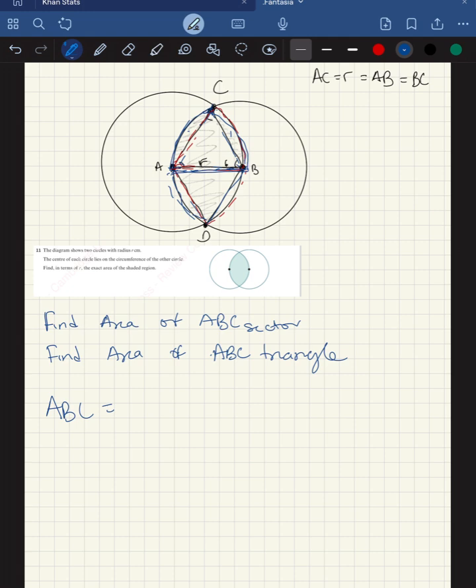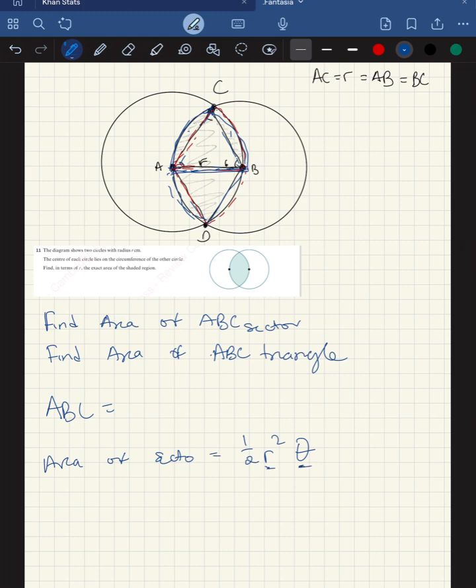Remember the area of a sector is going to be half r squared theta.